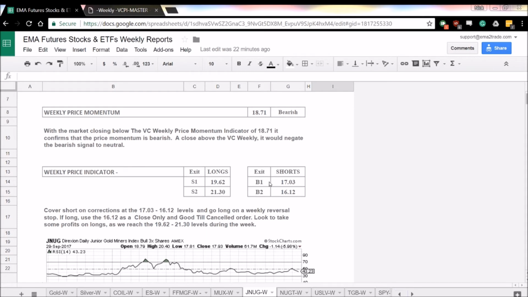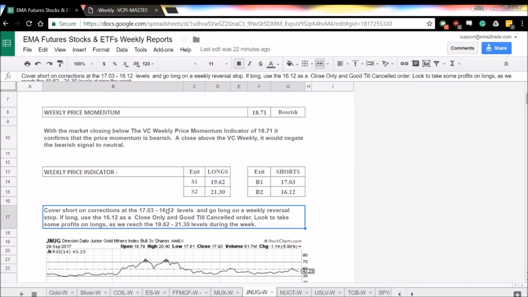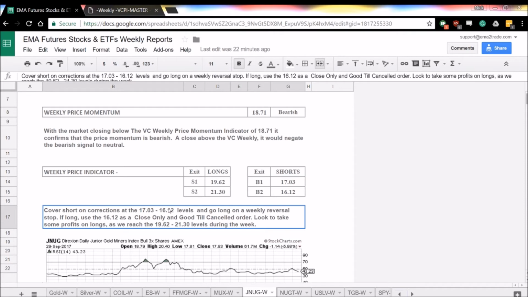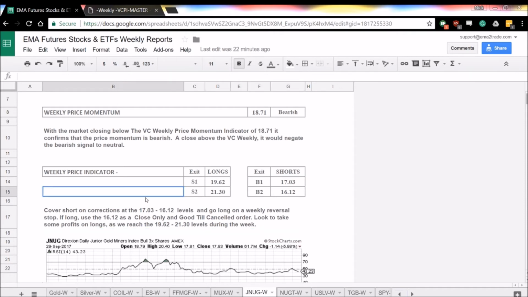But it tells you that if we come down to the levels of 1703 to 1612, you want to cover those short positions. At the same time, it tells you that if it comes down to 1703, you want to go long on a weekly reversal stop, and it tells you exactly where your stop should be if 1703 is triggered. And your stop is 1612.